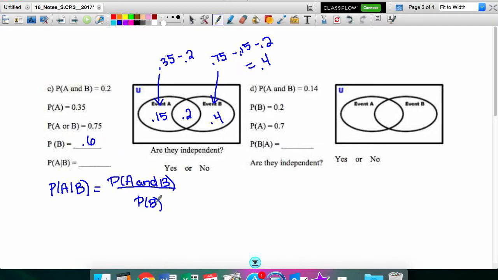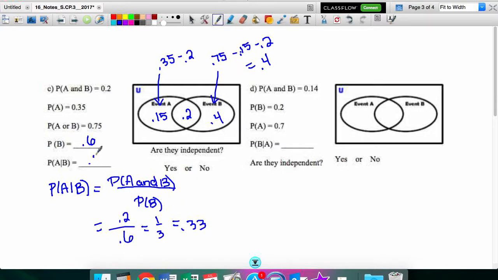And now that I know B, I know two of the pieces in our conditional formula, and I can solve for the probability of A given B. Plug in your and, 0.2, divide it by the B, which we just calculated, 0.6. If we finish this, this becomes 1/3, or 0.33 repeating.